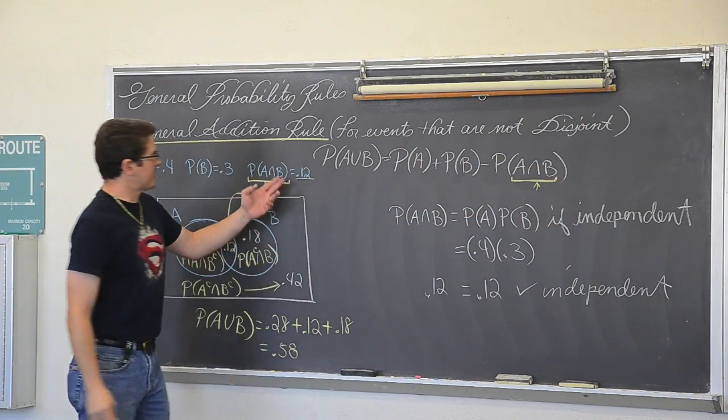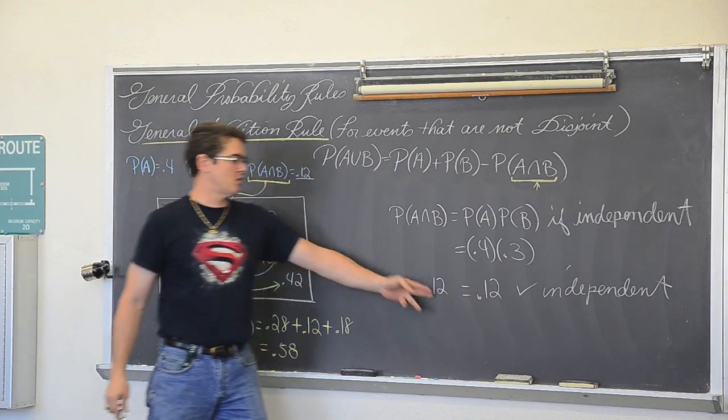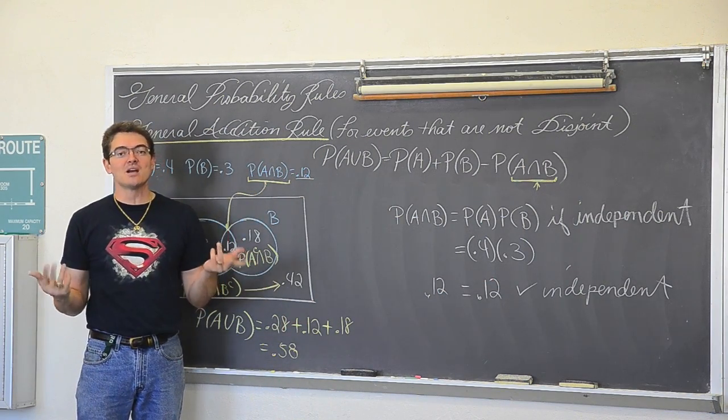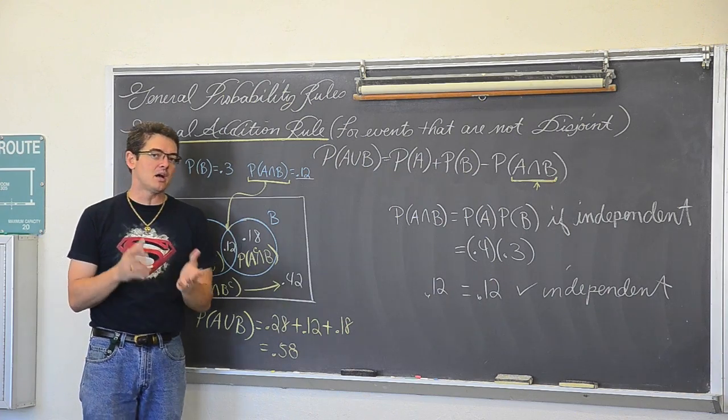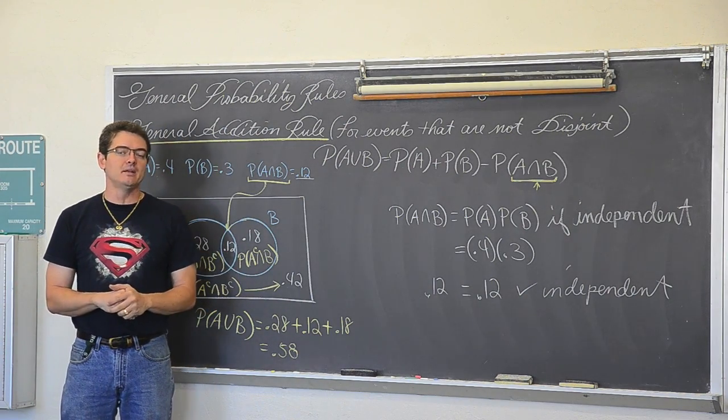If we had been told that the chance of them occurring together was maybe 20%, then 20% would not equal 12%, and our conclusion would be that they were not independent. So again, we do talk about independent trials, and in this setting, we were talking about independent outcomes.